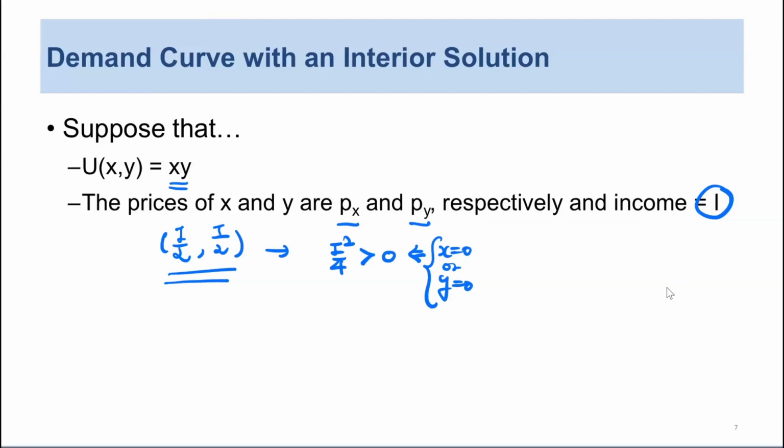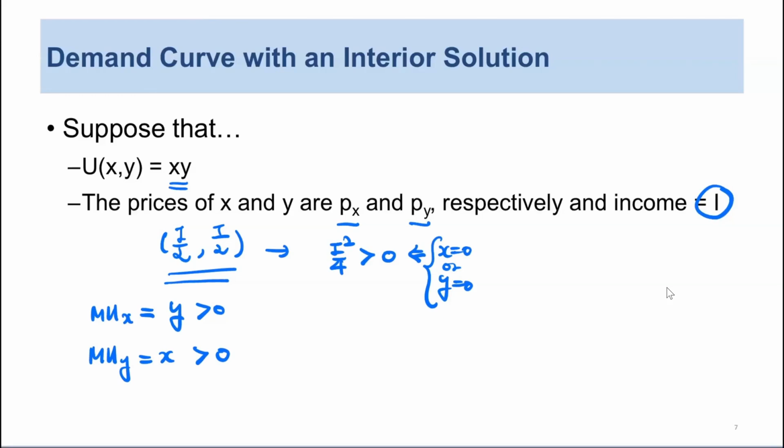As you can see, the marginal utility of X equals Y, which is positive. We know that Y is not going to be 0. Marginal utility of Y equals X, which is also positive, as long as Y and X are not at 0. So the more-is-better assumption is satisfied.